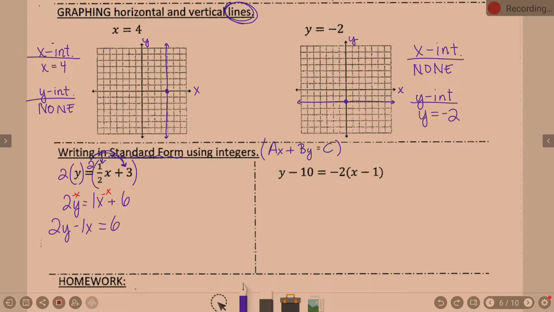Now, standard form is ax plus by equals c. Officially, if you want to put the x term first, you can put the negative 1x first, and then the positive 2y equals 6.